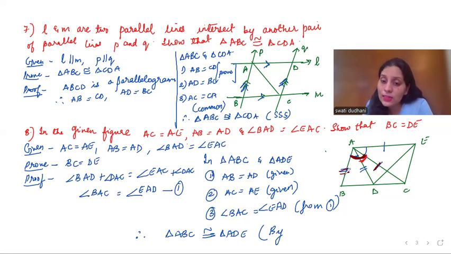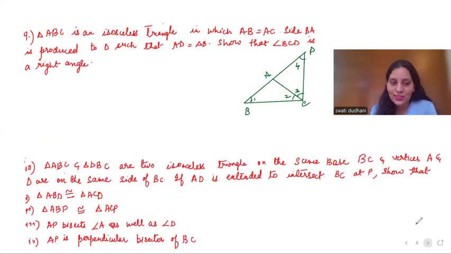Here we can see the angle is lying between the two sides, isn't it? So it should be SAS, where the angle is included. So by SAS, both the triangles are congruent. I hope this is clear. It's a very important question.